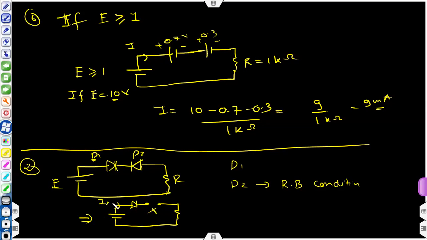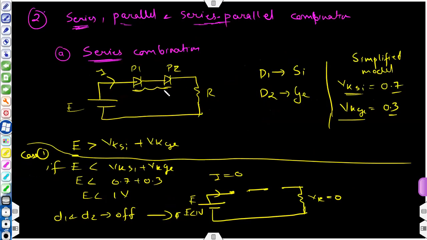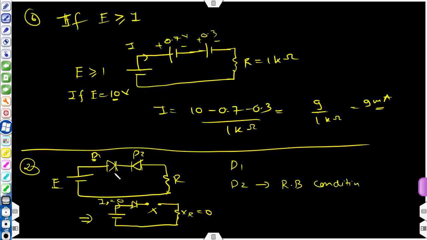ID will always be equal to 0, and VR will also be equal to 0. So either it can be connected in this way, same direction, PN like this, or this. There are only two possibilities.